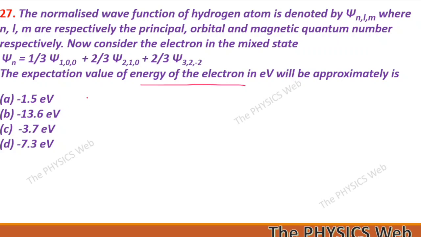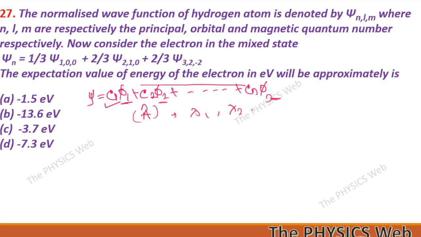For this type of question, we know if a wave function psi is given as c1 phi 1 plus c2 phi 2 plus dot dot dot plus cn phi n, and it is a normalized wave function, and phi 1, phi 2, phi n are all eigenfunctions of an operator A corresponding to eigenvalues lambda 1, lambda 2, dot dot, lambda n, then the expectation value of this operator A corresponding to this psi is given by summation |Cn|² lambda n.